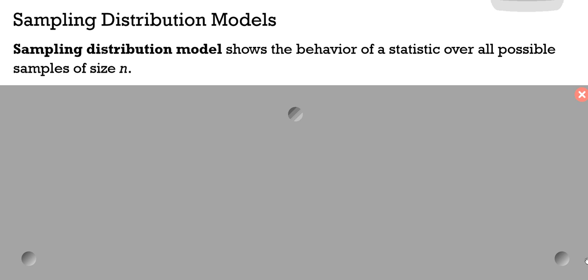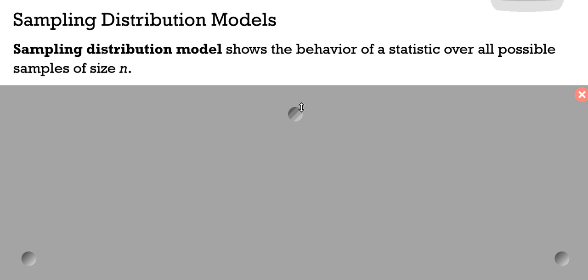So that's called a sampling distribution model, because those three histograms that we just saw show the behavior of a particular statistic, in this case the proportion, over all possible samples of size n. Obviously, we didn't see all samples. We saw 1,000 samples of size 10, of size 100, and of size 1,000.